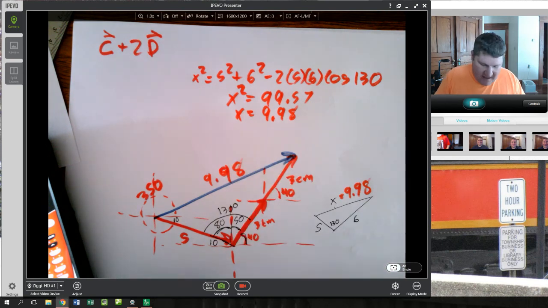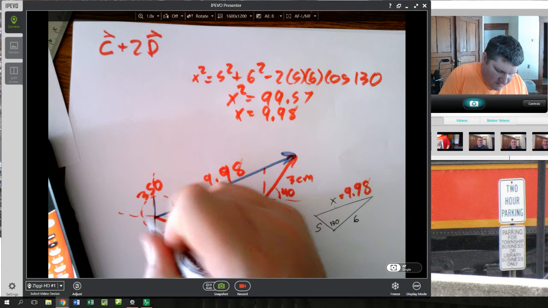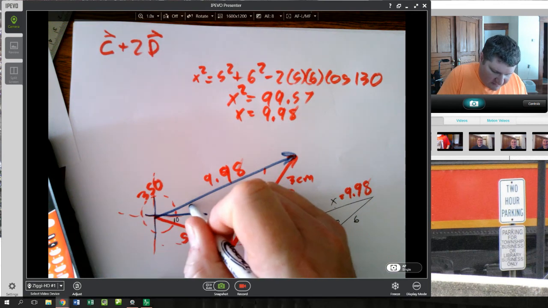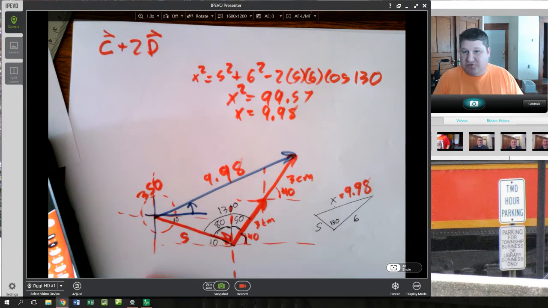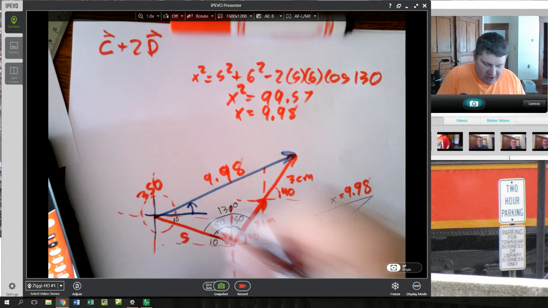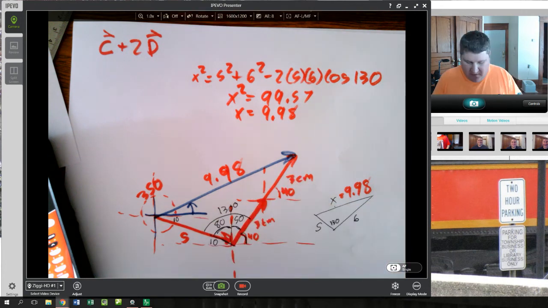Now, remember, the angle we're looking for is from the positive x-axis. So I need just that portion right there. I need just from the x-axis up to the line.